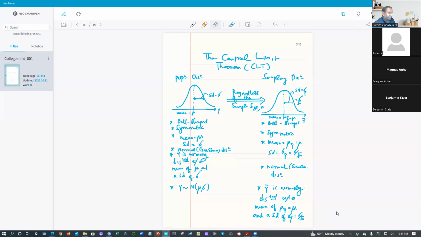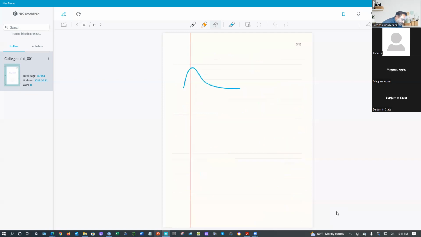Let's say that for the population you have an asymmetric, skewed one. The mean is again mu and the standard deviation is sigma. Then what's going to happen?